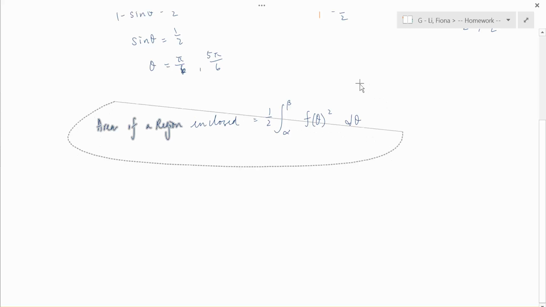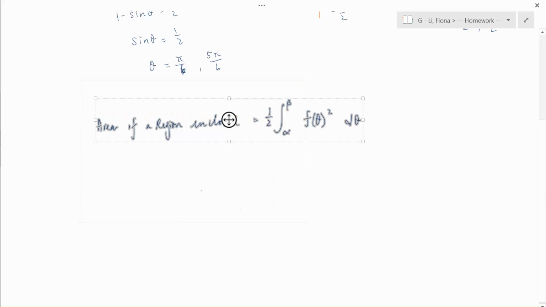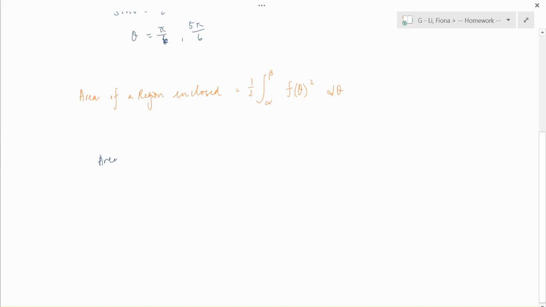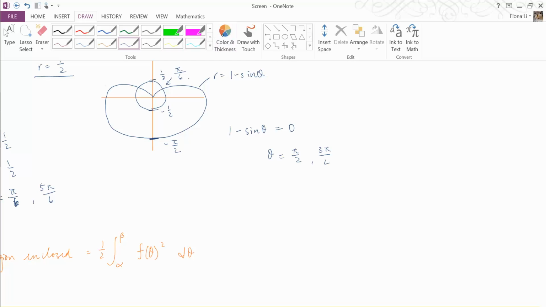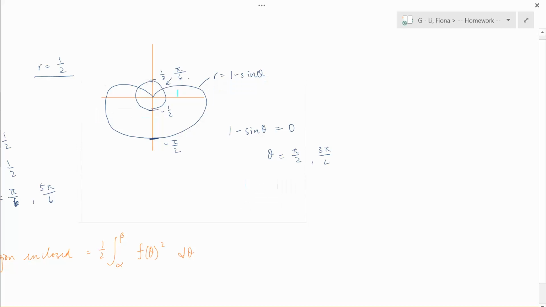And so using this formula, we can find our area of a half. So what I mean by a half is this area right here.